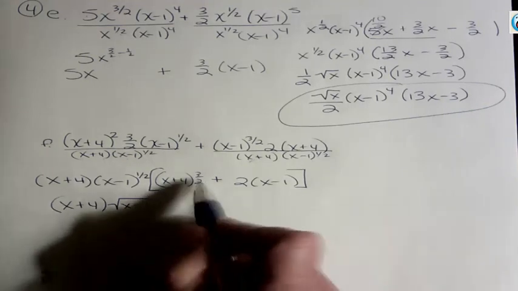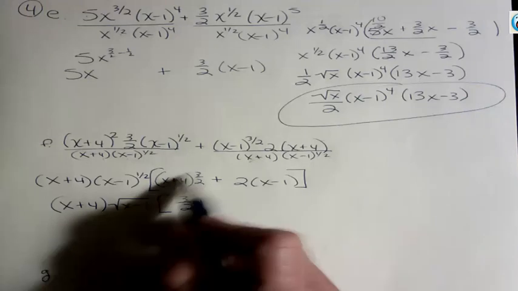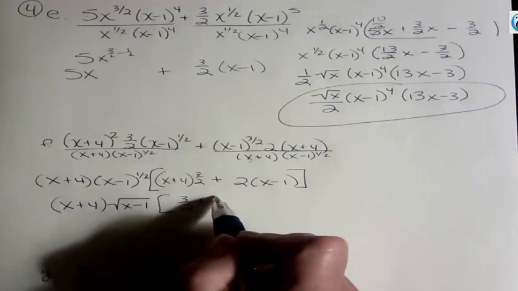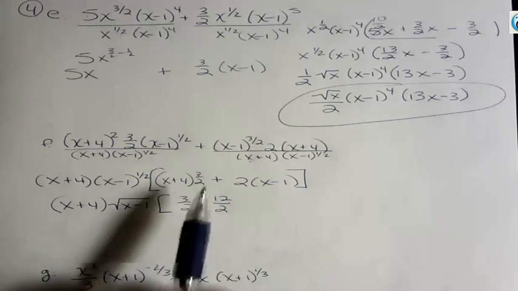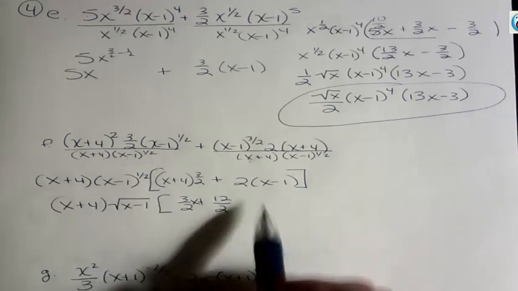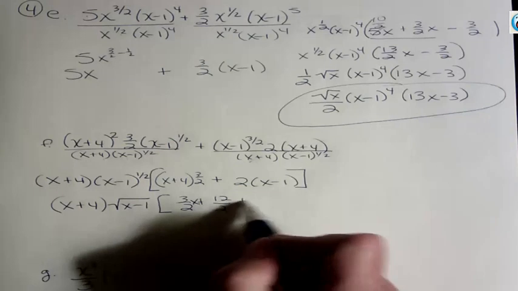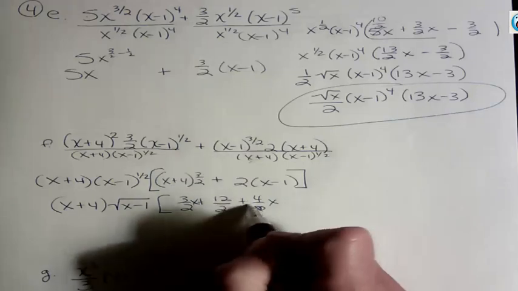In here, I have 3/2 x plus 12/2. I'm just going to leave everything in halves because I think I'm going to factor that out in a second. 12/2, that's just 6, but this is x, sorry. And then I have 2x, which I'm going to write as 4/2 x, sorry.